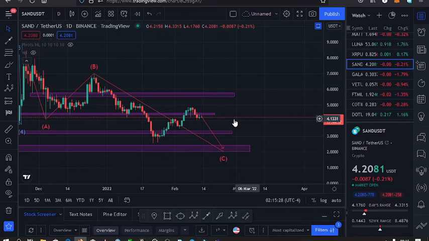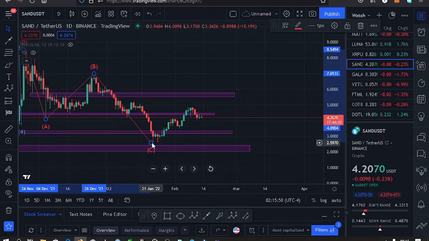Also note that from where the price is, basing on the fact that we have had this ABC correction and we touched the targets that I expected the ABC correction to touch, and we started having higher prices, we can still have a bounce back from the current price that we have.